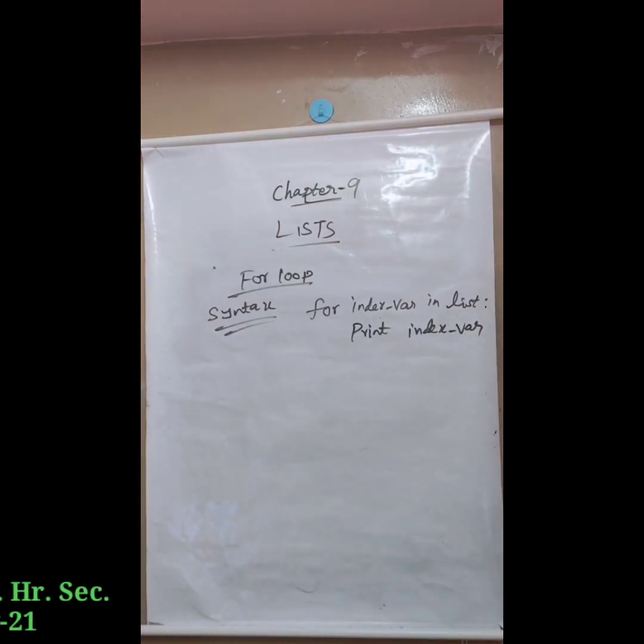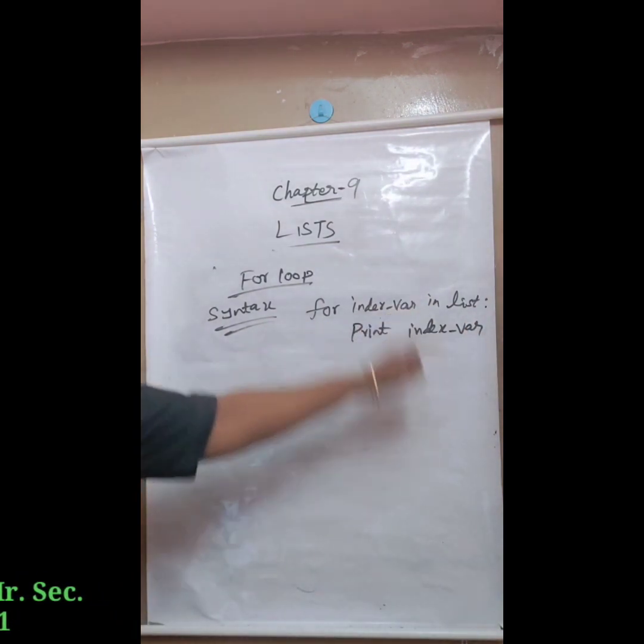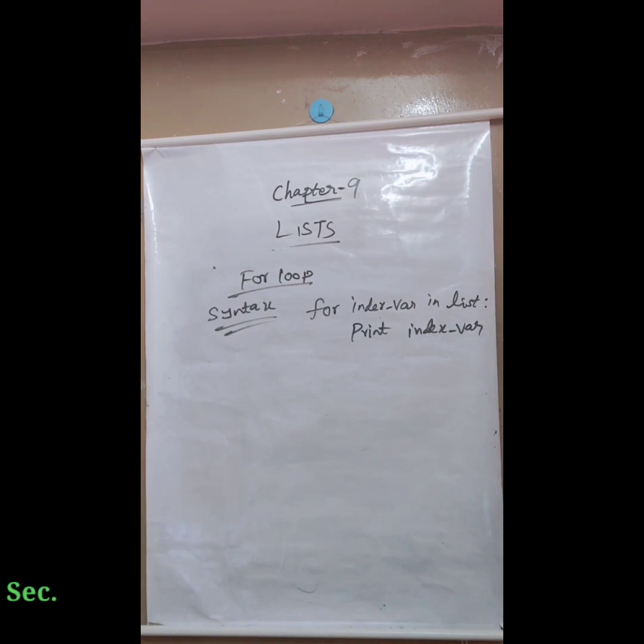So this is the syntax. Here the index variable represents the index value of each element in the list. Python reads this for statement like English: for elements in the list, and it prints the list items.